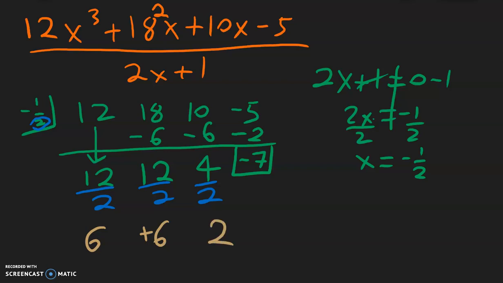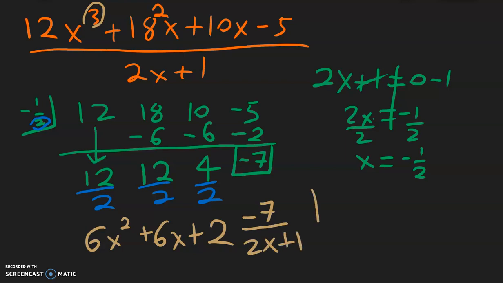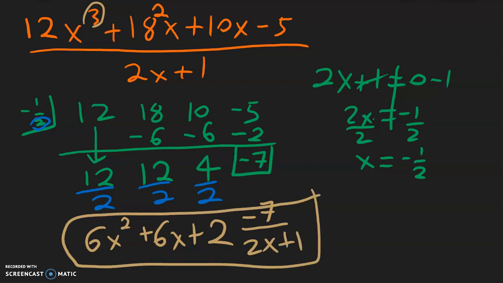And now let's fill it in. So we begin with the x to the third power. So this will be x, 1 less than that, x to the second. And this will just be x. And this will be the constant term. And the remainder, still put negative 7 over 2x plus 1 as your answer.